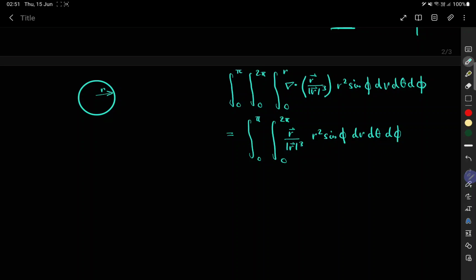Just to be clear, we've already defined this r, capital R. I'll change the symbol to rho, just to make it clear that the absolute value of r is always rho. So we have rho squared and rho cubed, these cancel out, and since rho is a constant because this is the surface, it won't change, we just get this.